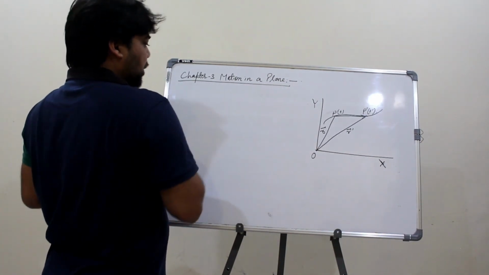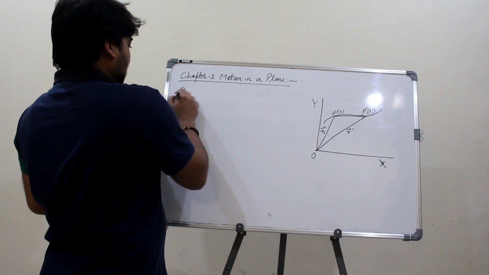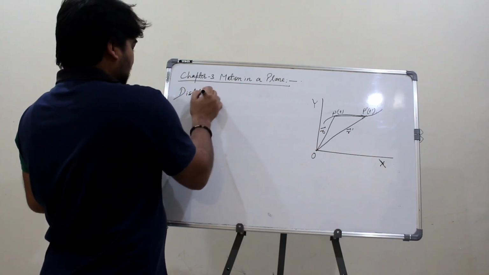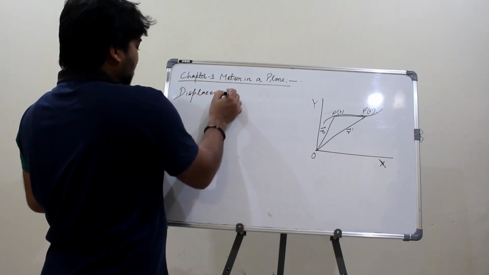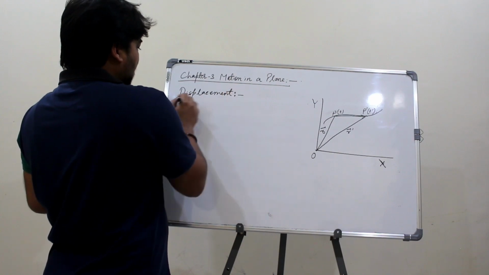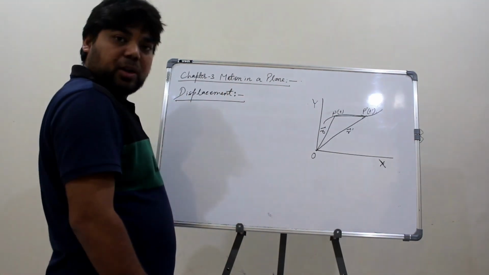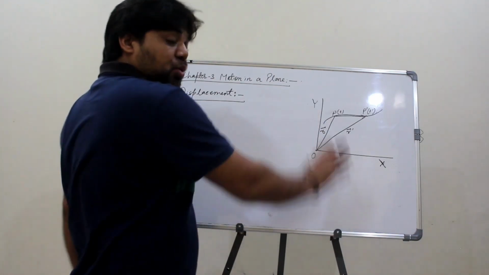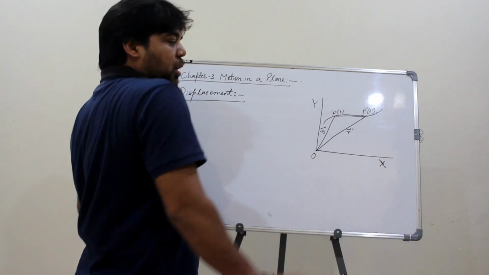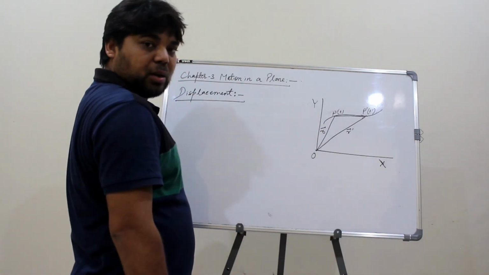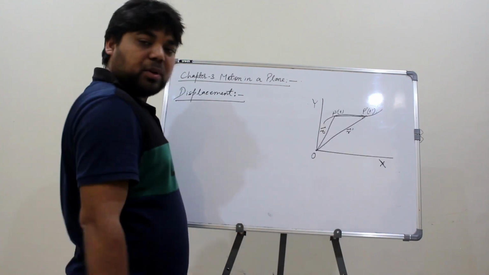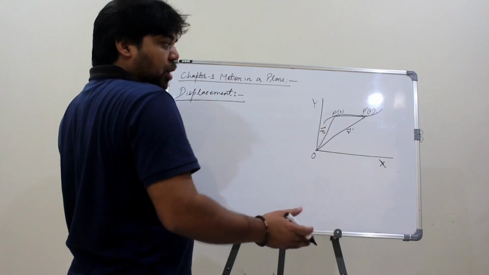Now, what is displacement? We discussed displacement in the last chapter also, and we are again going to discuss it here. But here it is in 2 dimensions. In 1D it was simpler to understand. In 2D we will be taking it by the examples of vectors.